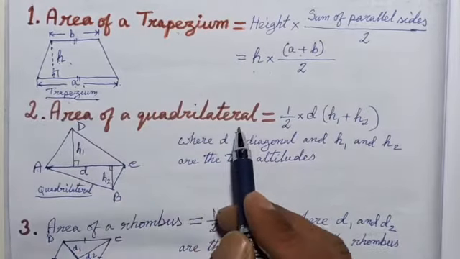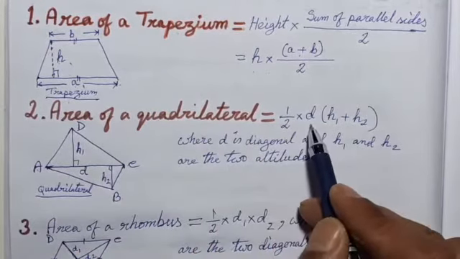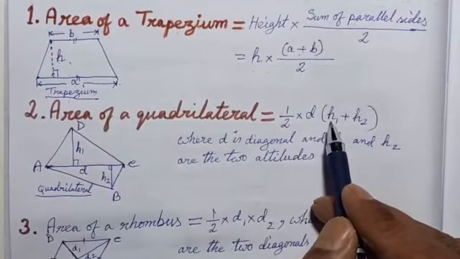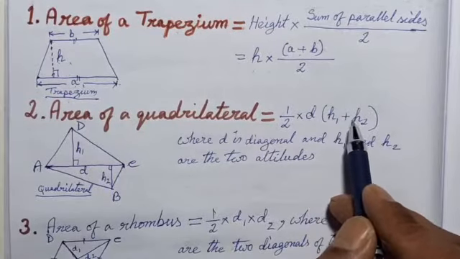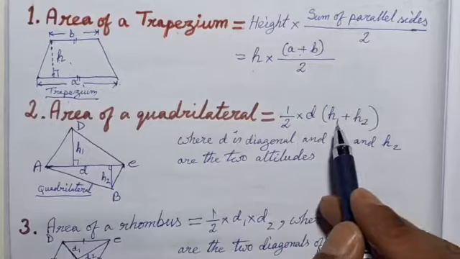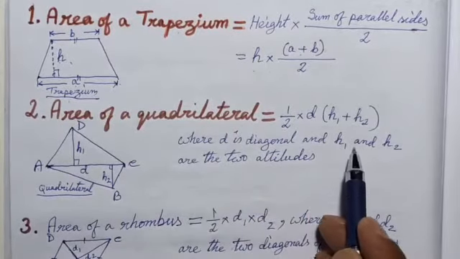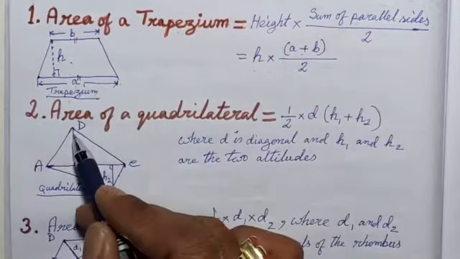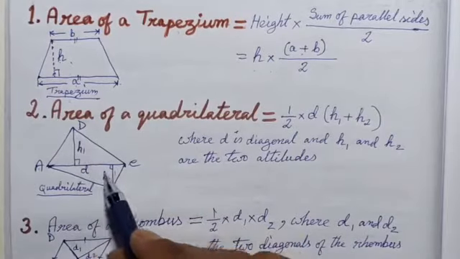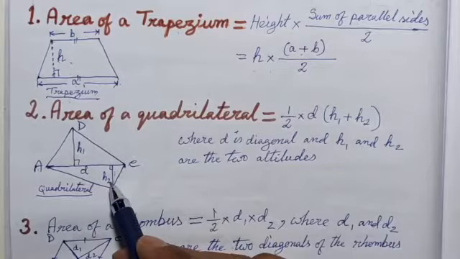So the area of a quadrilateral is half d into height 1 plus height 2, where d is the diagonal and height 1 and height 2 are the two altitudes. These two lines are called altitudes.